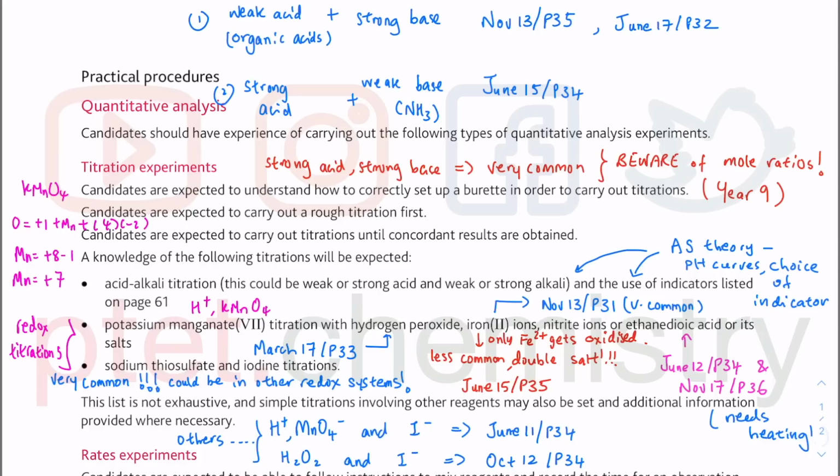You're titrating it with hydrogen peroxide. There is one example, that is the March 2017 paper 3.3. Hydrogen peroxide is H2O2 and the structure looks like H and O, with a single oxygen-oxygen bond there, characteristic of a hydrogen peroxide structure. So what you have is hydrogen +1, so there are 2 times +1, so there's +2.